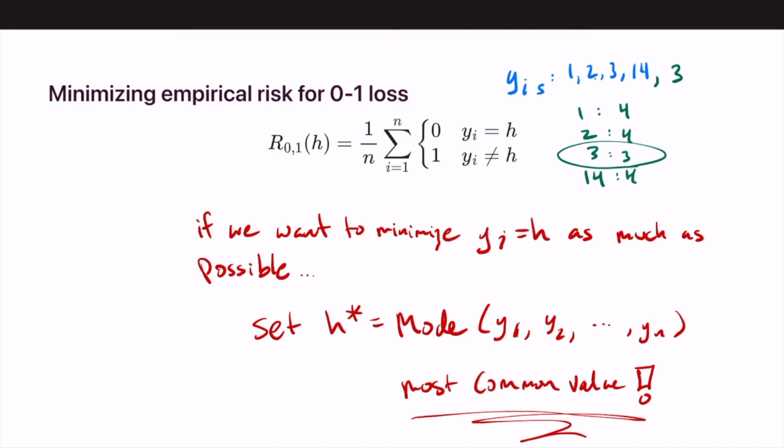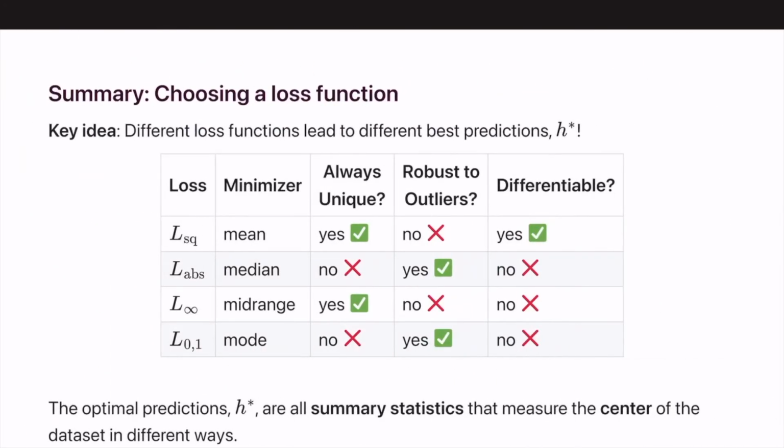Okay, so this is a very simple loss function in that case, but it just goes to illustrate that all these loss functions so far, we have L squared, L absolute value, L infinity, the L infinity being more of a conceptual or philosophical idea of a loss function, and then 0,1 loss.